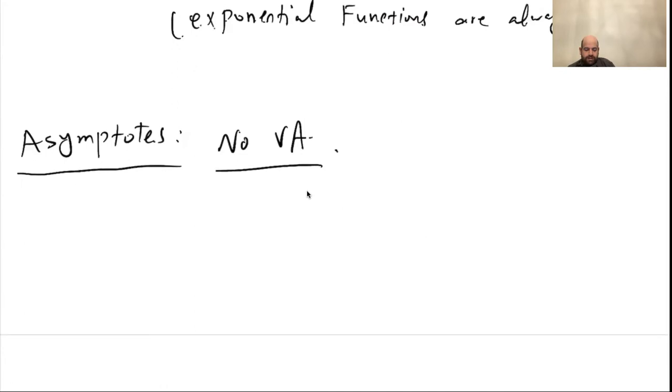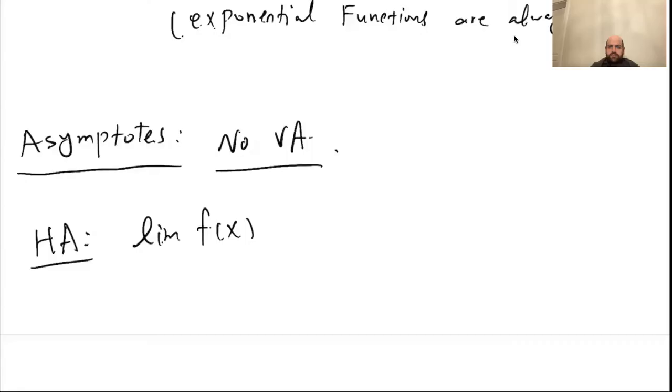And for horizontal asymptotes, we have to look at the limit of f of x as x approaches infinity or minus infinity. Let's look at these limits. The limit of f of x, x approaches plus or minus infinity, is equal to the limit of e to the power minus x squared, x approaches plus or minus infinity.